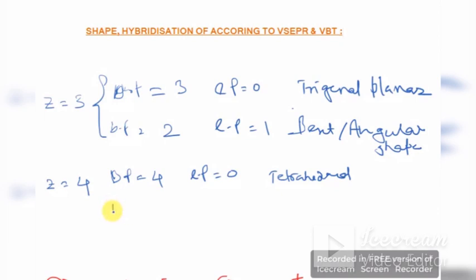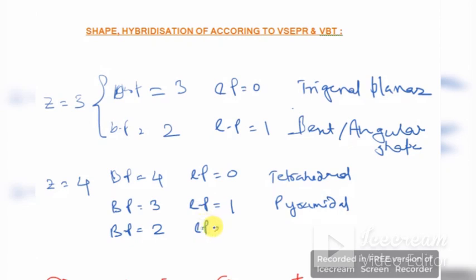After that, if bond pair is 3 and lone pair is 1, then it is called pyramidal shape. If bond pair is 2 and lone pair is 2, then it is again called bent or angular shape. So there are 3 variations in Z equal to 4, where Z is the electron pair.